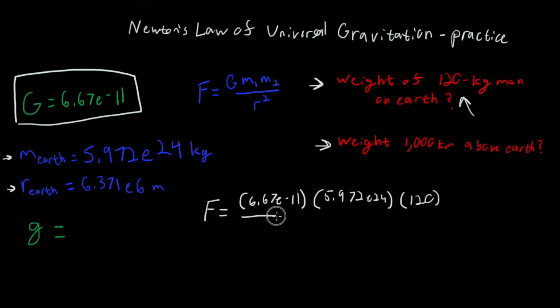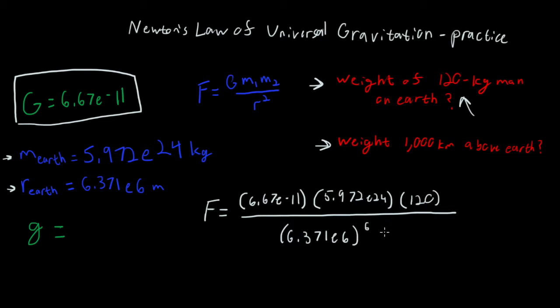And then divide all of that by the radius squared. So that radius squared is going to be 6.371 e6 squared. And just for context, that's 6.371 million meters. So this is in meters.